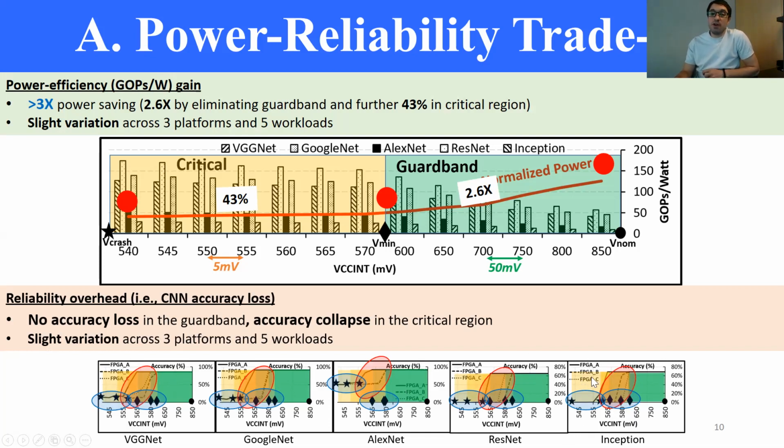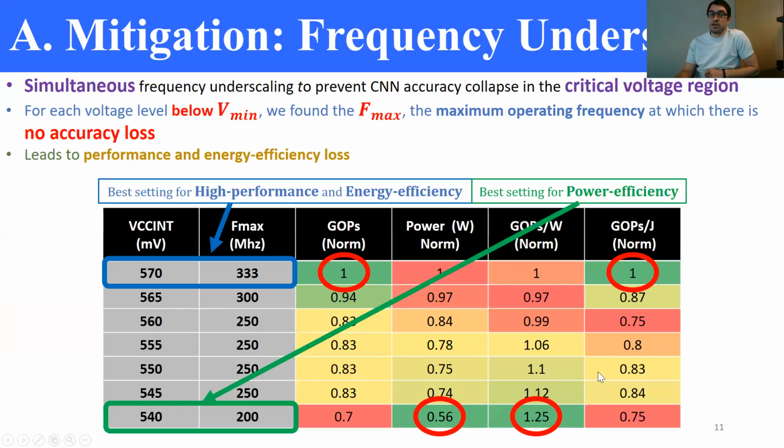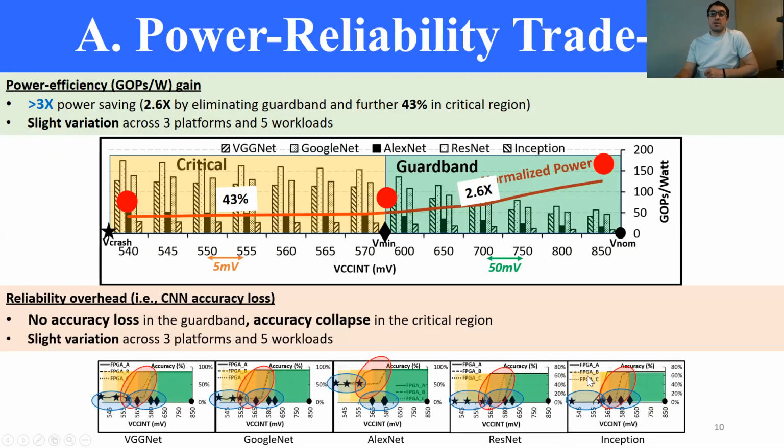We evaluated three identical FPGA samples, and this dot shows the variation for different FPGAs. But despite this variation, the collapse in accuracy, which is the cost of the power that we are saving, is observable for all the workloads and all the FPGAs.